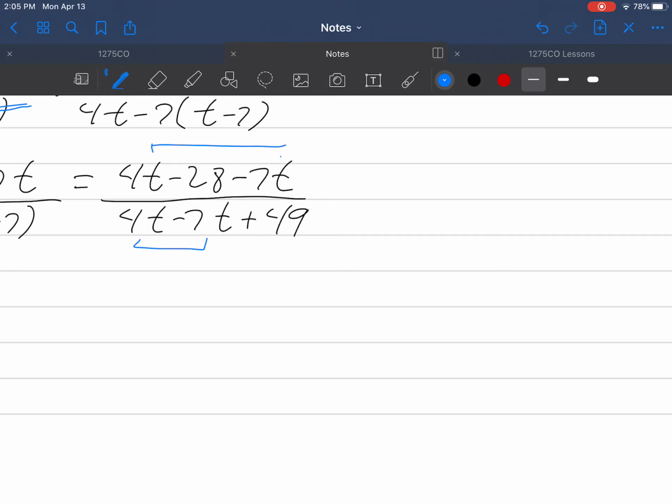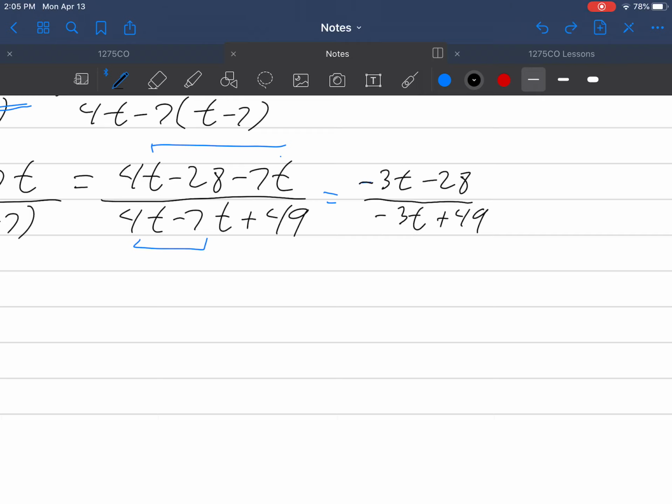So we got like terms here to add up. 4t minus 7t is negative 3t minus 28 divided by negative 3t plus 49.